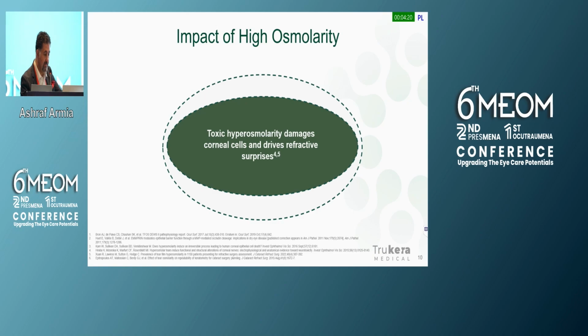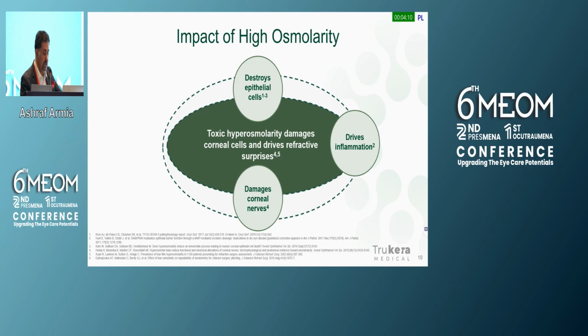Toxic hyperosmolarity damages the corneal cells and drives refractive surprises, destroys the epithelial cells, drives inflammation, damages corneal nerves, and drives refractive instability. So if you didn't measure or control the tear osmolarity as a hidden part in the tear film testing, you are missing a lot.